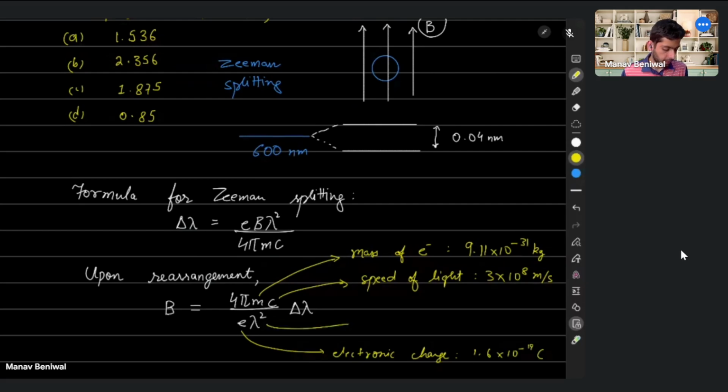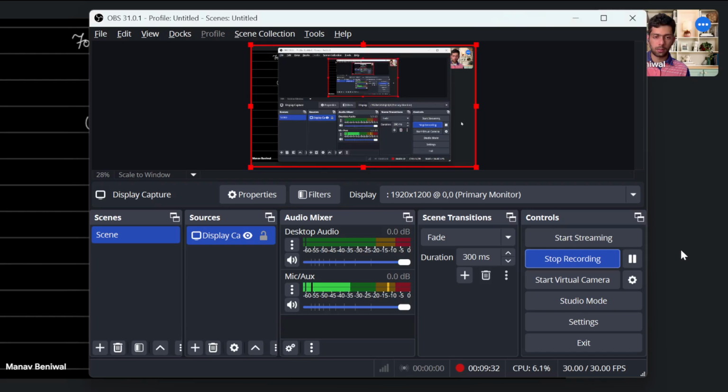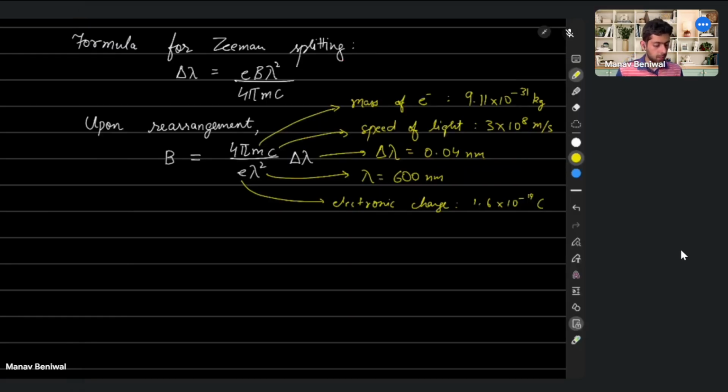Then lambda is given to be 600 nanometers, and delta lambda is given to be 0.04 nanometers. So we can just plug in all the values and then calculate.